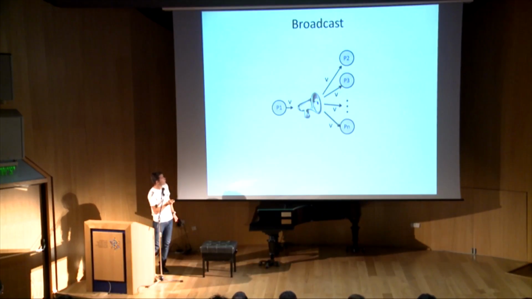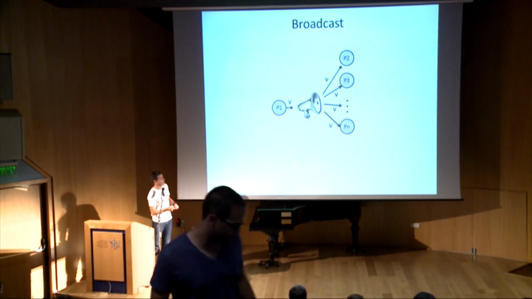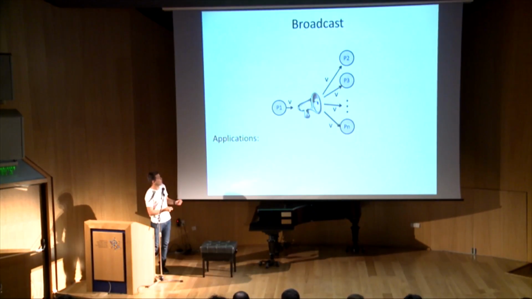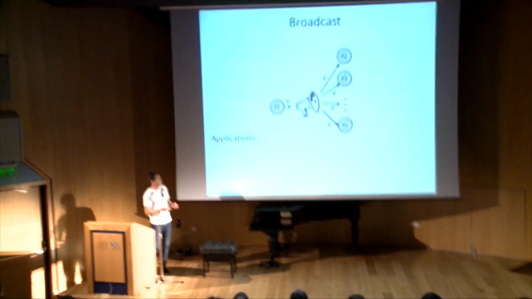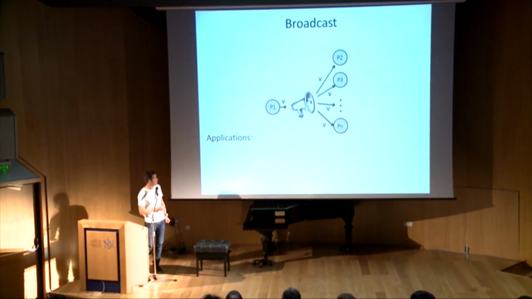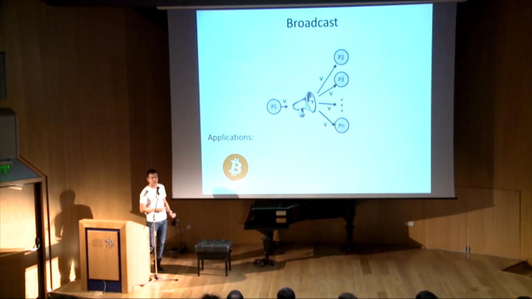Just before going into the details about the broadcast primitive and how to implement it, very briefly, there are multiple applications of this primitive, and essentially any distributed protocol that does something is most likely going to use something like a broadcast. One of the recent applications is Bitcoin: you want to broadcast your transaction to everyone.